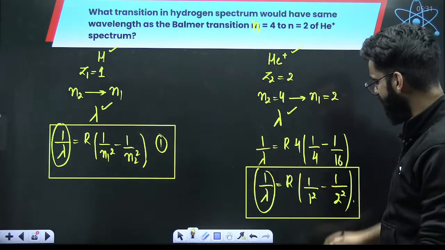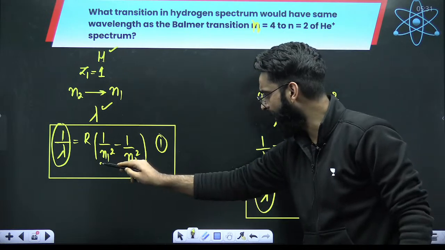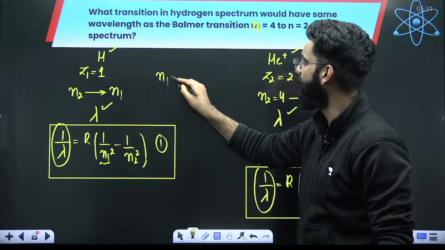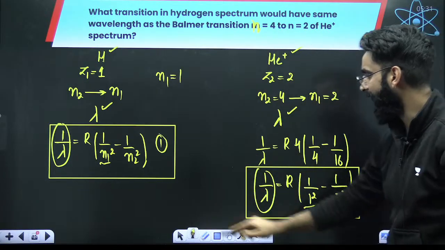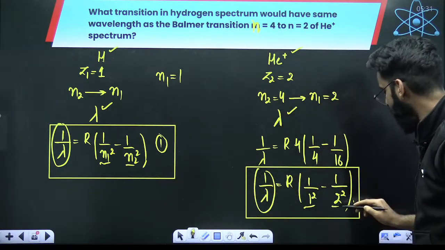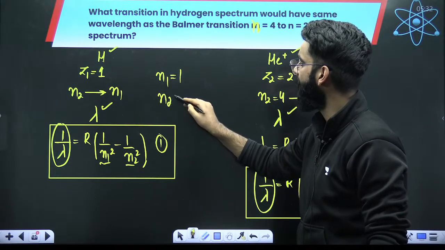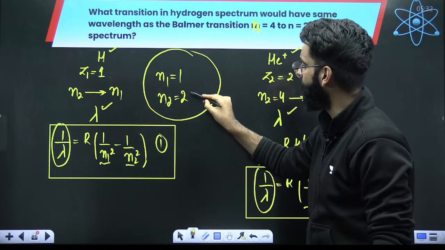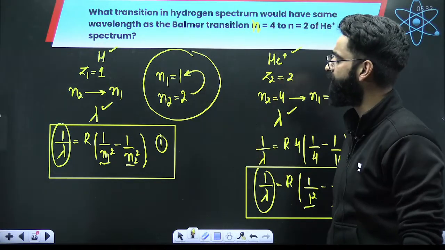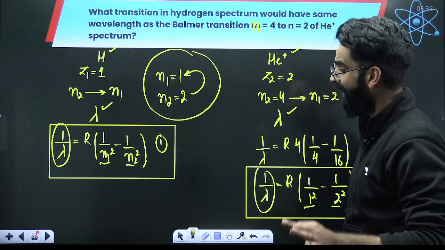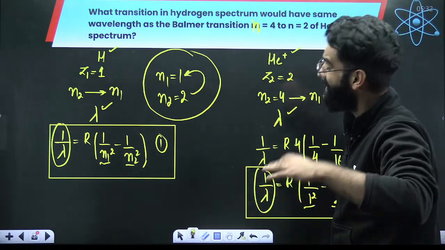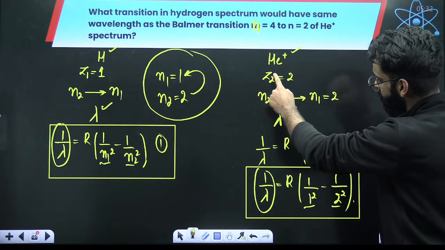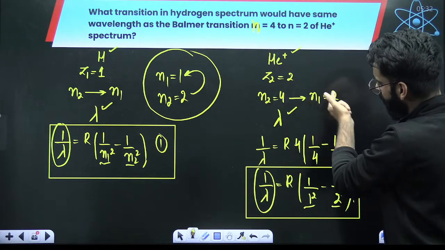So on comparing these two equations, you get to know your N1 is basically 1 in hydrogen and your N2 has to be 2. So in case of hydrogen atom, the transition should be from 2 to 1. Then the electron is going to emit the same wavelength as was emitted by He positive when the electron made a transition from 4 to 2.